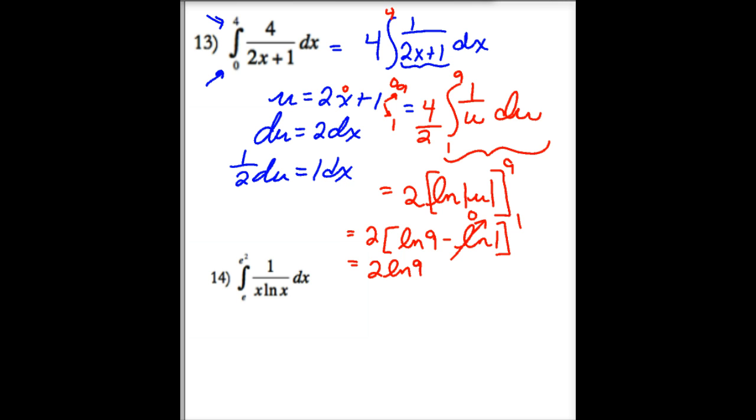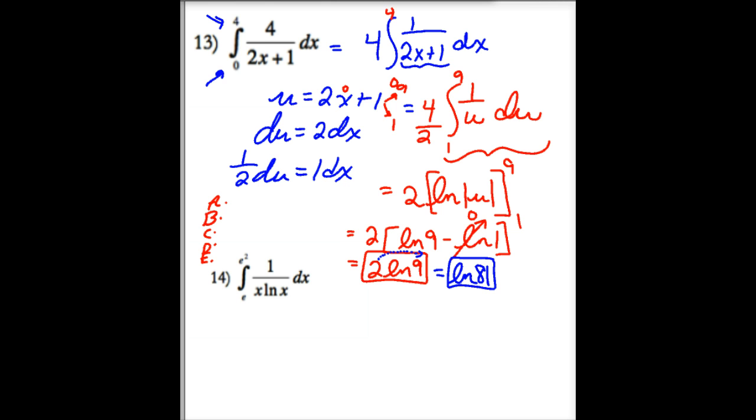Now the sad thing would be if you went through all this work and it was multiple choice and you looked at A, B, C, D, E, and you didn't see 2 ln 9 sitting there, so you think you did it wrong. So you need to have the ability to play with logarithms. And what that means is if they don't have 2 ln 9, maybe when you bring the power in, that's sitting there.